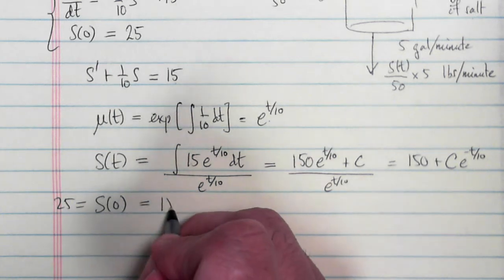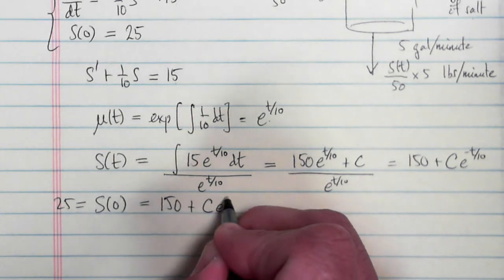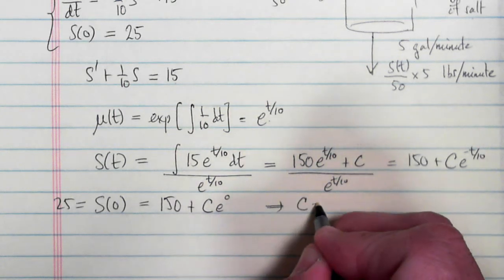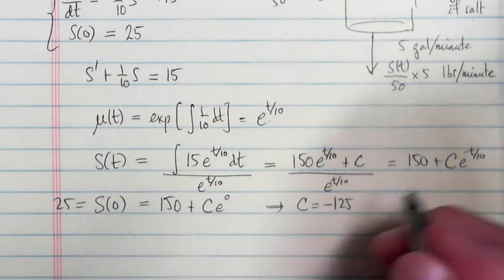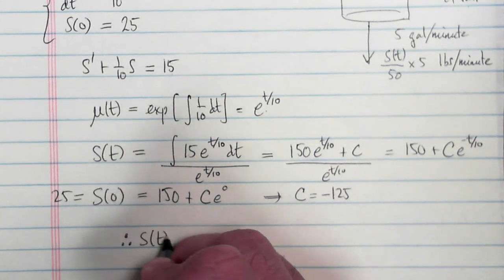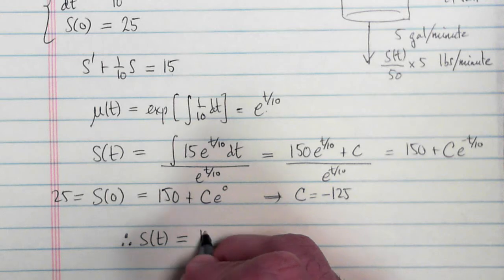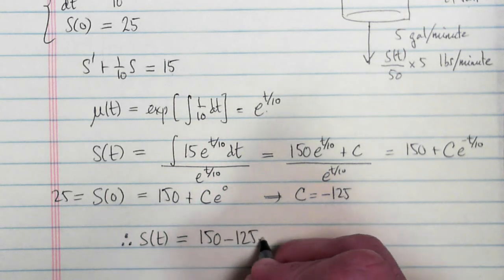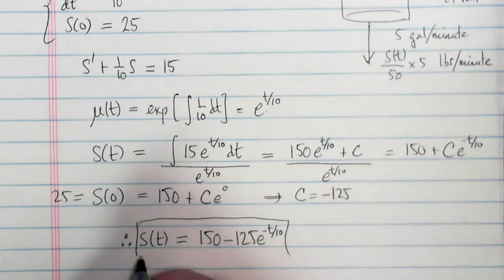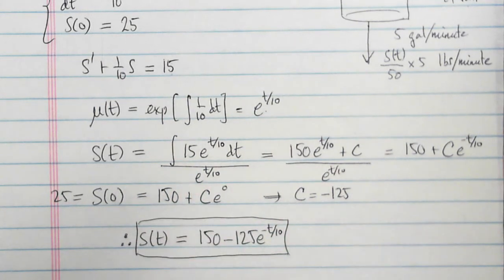That's also equal to 150 plus c times e to the 0. And so that means that c is equal to negative 125. And so that gives us the solution of this initial value problem, 150 minus 125 e to the negative t over 10. And that is the amount of salt in the tank at time t.